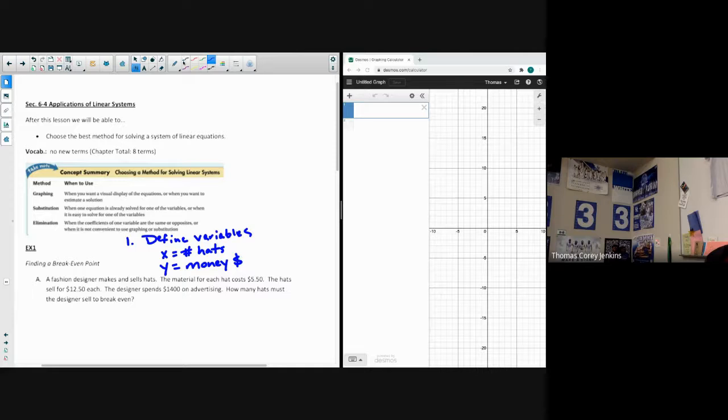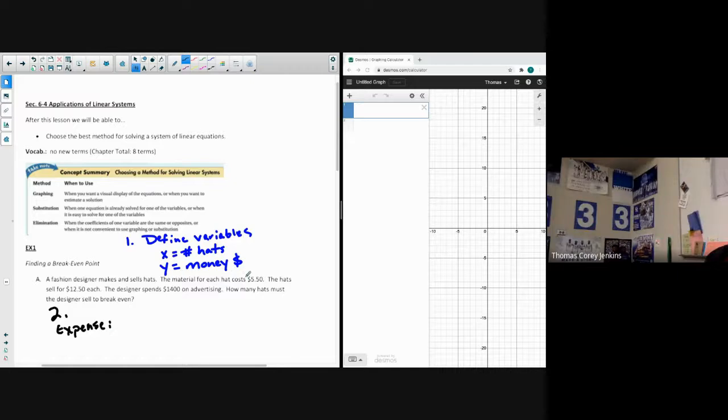So step 2, and I would also want you to show this, is the key part: writing the system. Let's write one for expenses. You just have to read through it.